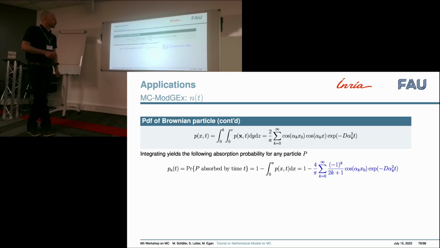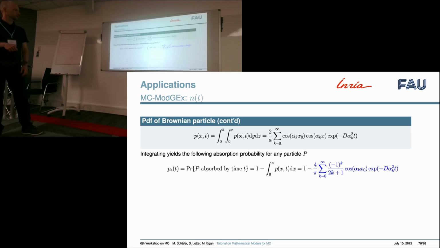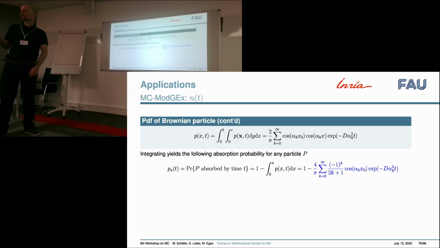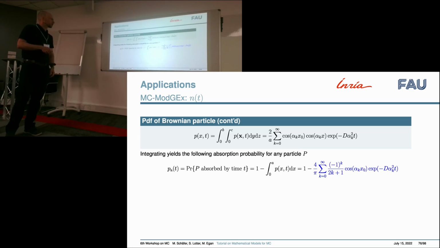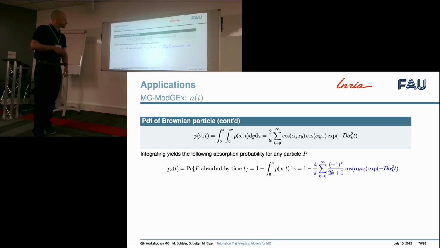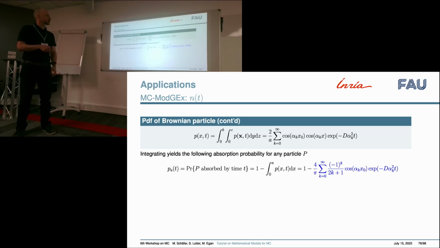So if we look at this term here, first of all, what we're interested in is the absorption time for any particle P which diffuses in the box, right, up to time t. And this can be expressed just as an integral, as the probability that the molecule would still be in the box at time t, which is this integral here, right?